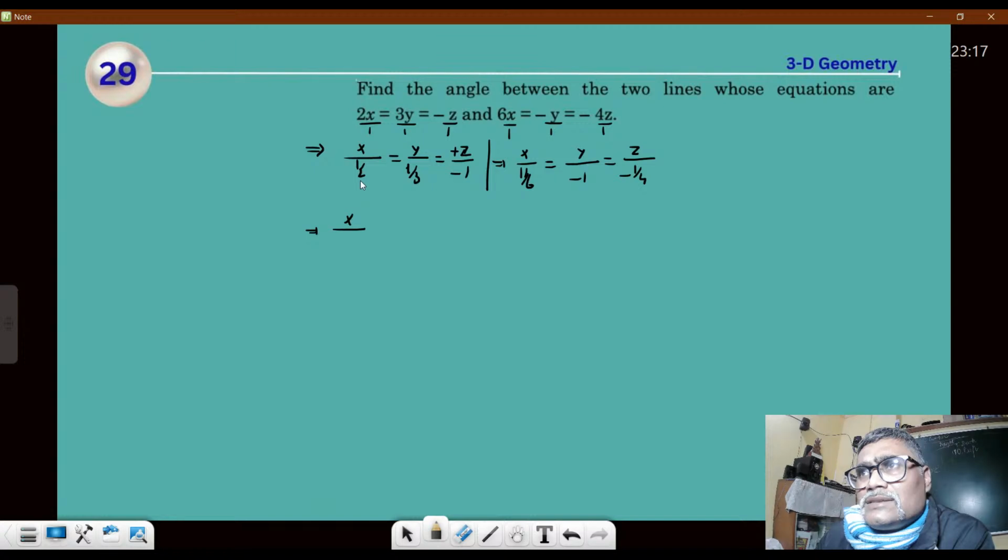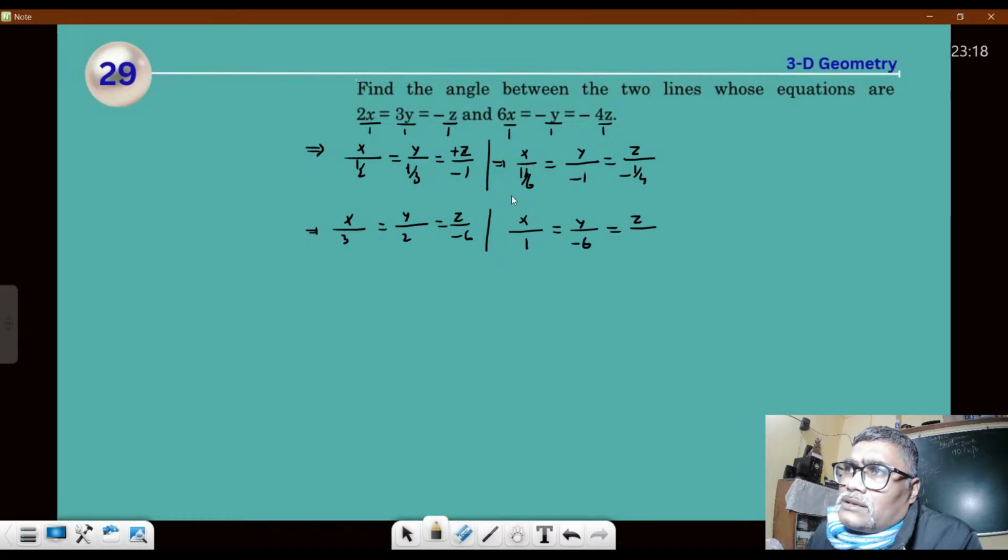So 6, if you multiply, it will be 3, it will be 2, and it will be minus 6. Then here, if you multiply, it is 1, y, it is minus 6. Sorry, here 12 you have to multiply. If you multiply, this will be 2. If I multiply this by 12, it is 12 only. And here, if I multiply 12, it is 3. So you have already converted it to the standard form.